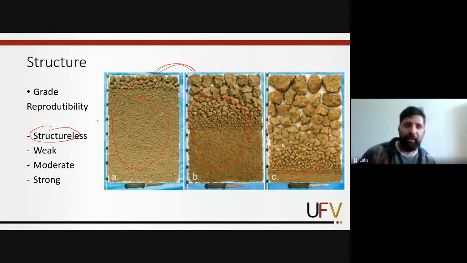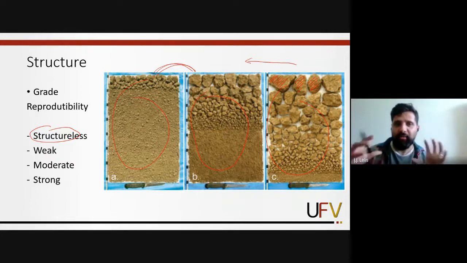Okay, if you compact a soil, if you destroy the aggregation, you can change a strong grade to a moderate or even to a weak grade. Okay, because you stop the formation of pads and you start breaking them, you start destroying aggregates, so you start to release material like sand, silt, and clay that are not forming aggregates. Okay?